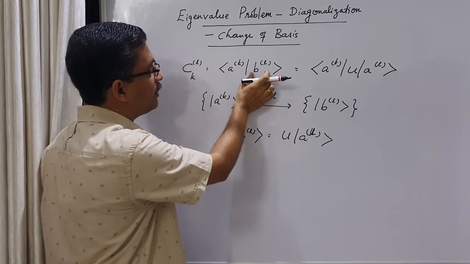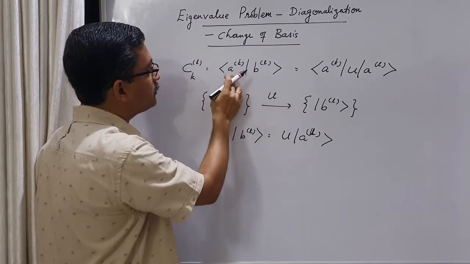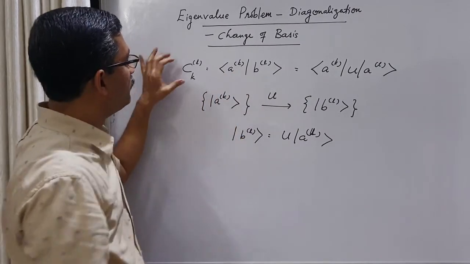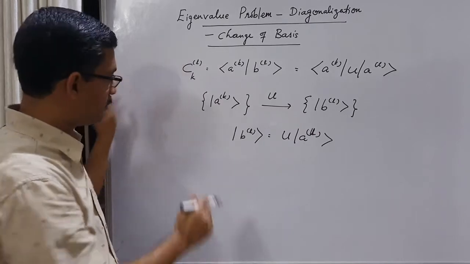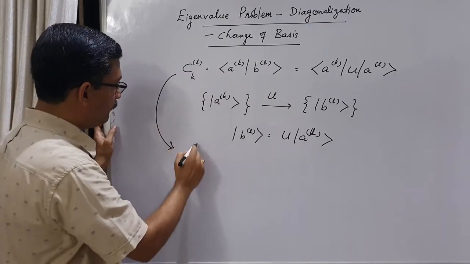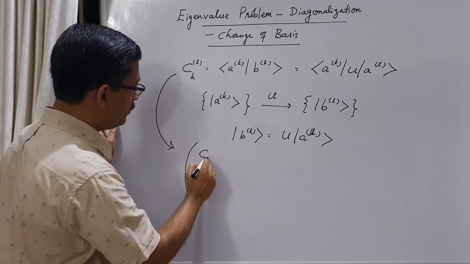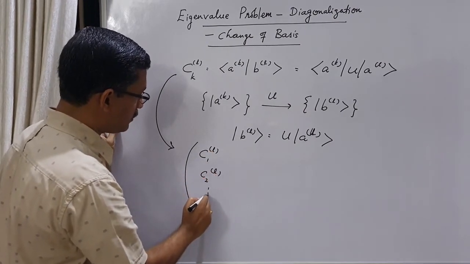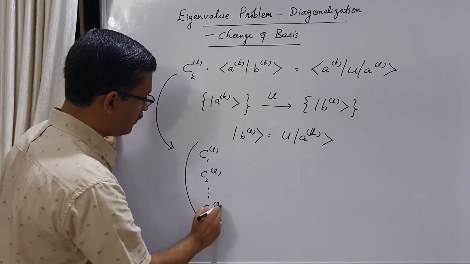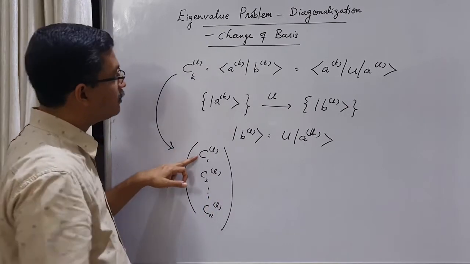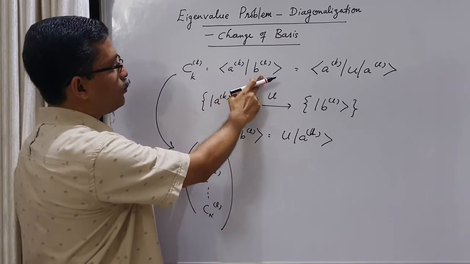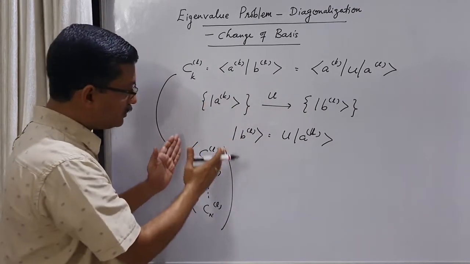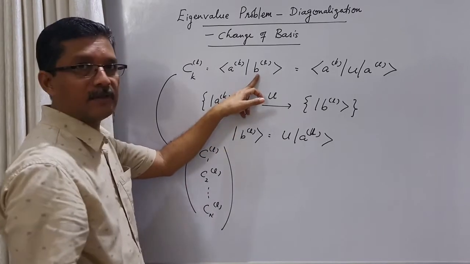You have the Lth eigenvector, and as k runs from 1 to n, what you get is a column vector like this: C1L, C2L, etc., CNL. This is the first component of the Lth eigenvector, the second component of the Lth eigenvector, like that. So these are the n components of the Lth eigenvector.